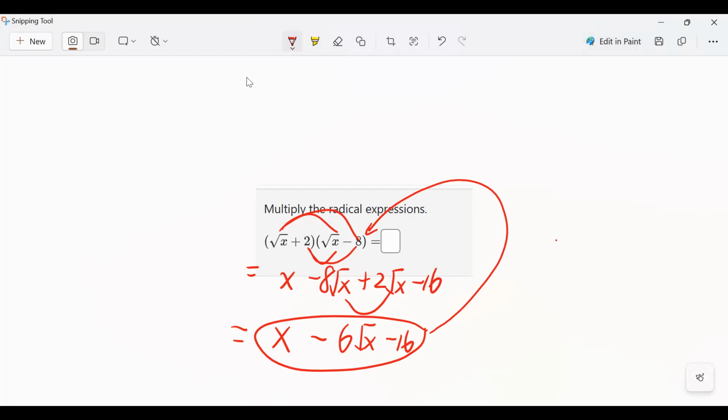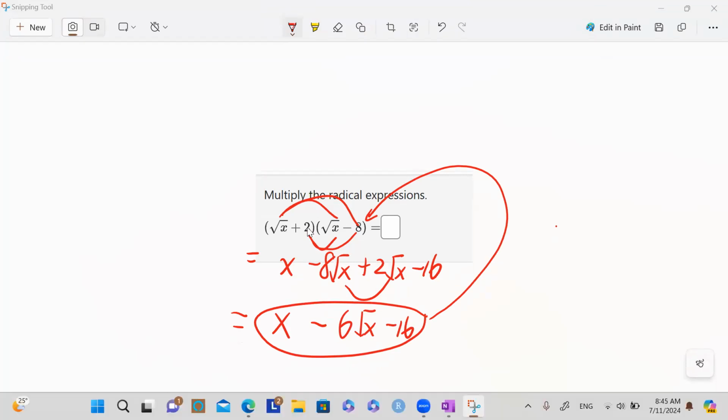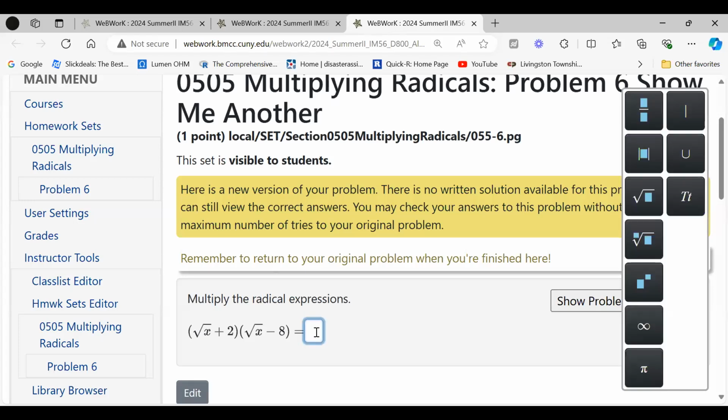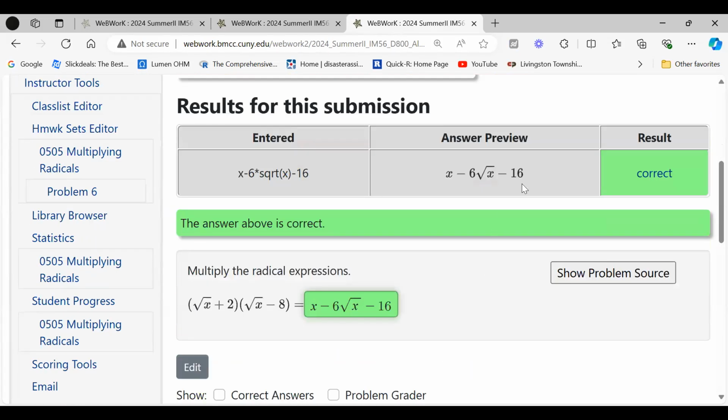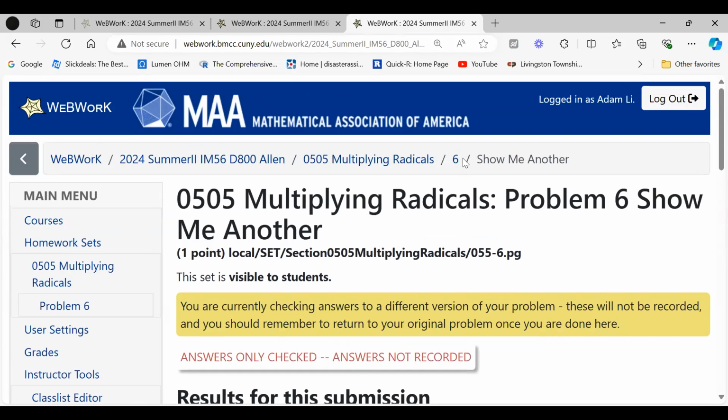So that's the answer for this, x minus 6 square root x minus 16. Okay, that's good.